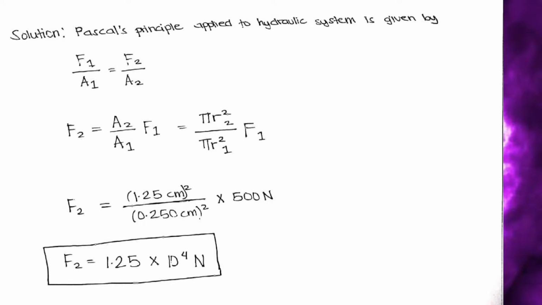So, let's substitute. Our A2 is 1.25 cm squared divided by our A1, which is 0.250 cm squared, times our F1 of 500 newtons. So we come up with the answer of 1.25 times 10 raised to the power of 4 newtons for force 2.